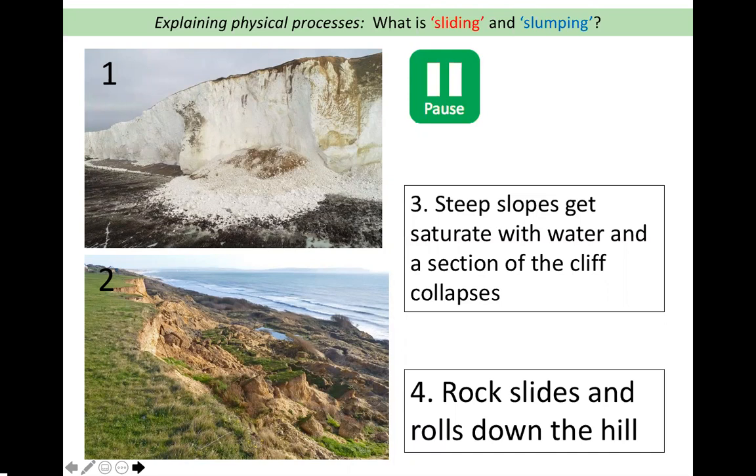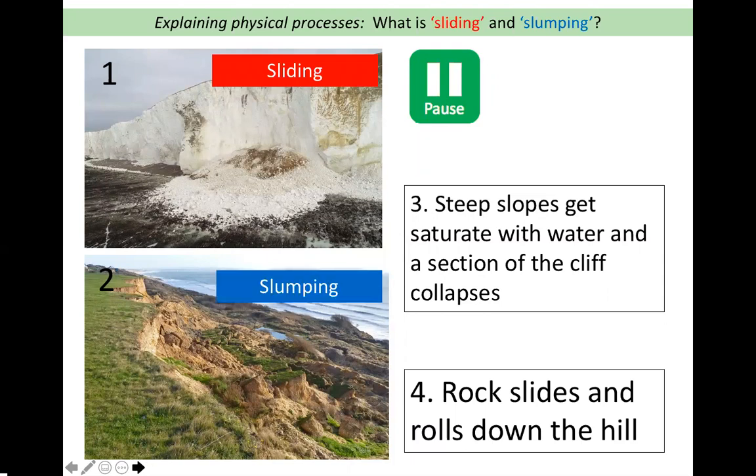Number 1 is sliding. Well done if you got that right. Number 2 is slumping. You can see that it's quite a curved cliff plane, that's like the surface of the cliff. And all of this material slumps downwards, a bit like slumping in your chair when you're a bit tired.